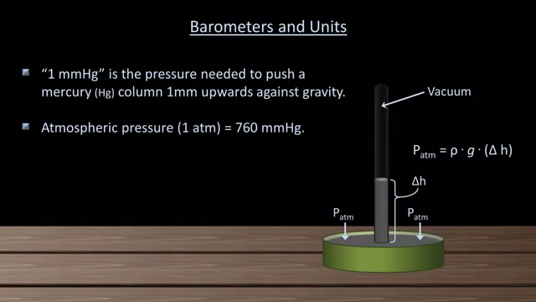This means that given the mercury barometer shown here, if the tray is exposed to atmospheric pressure, the height of the column will be 760 millimeters. Although it's not used too much anymore, occasionally you may still see a unit called the torr. 1 millimeter of mercury is the same as 1 torr.